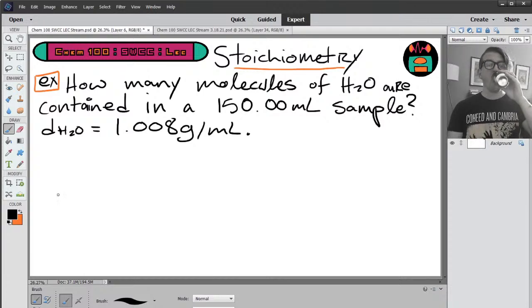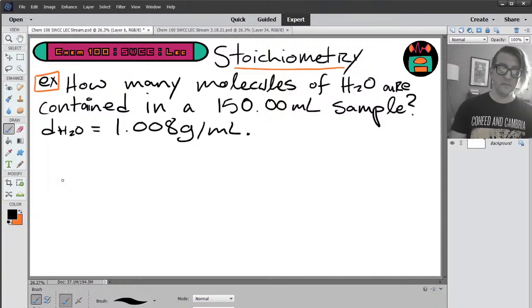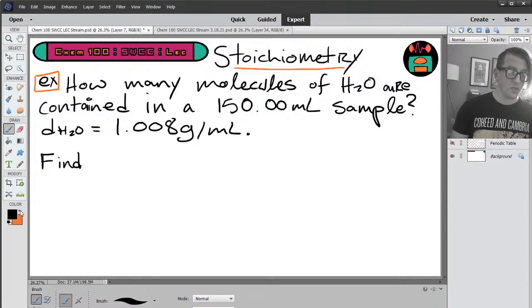All right. So how many molecules of water are contained in this sample with this density? The first thing you want to do whenever you're solving a problem is identify what you're trying to find.